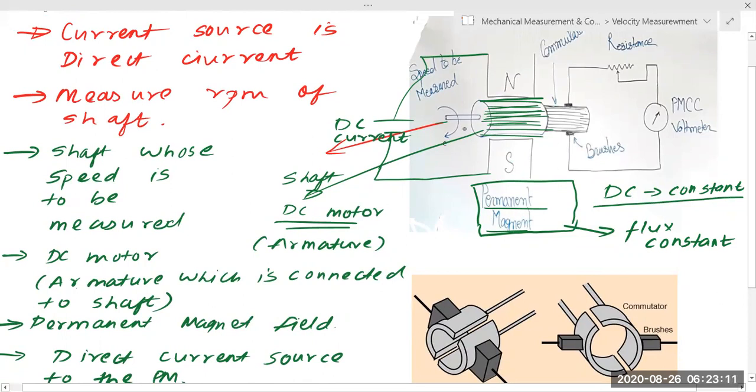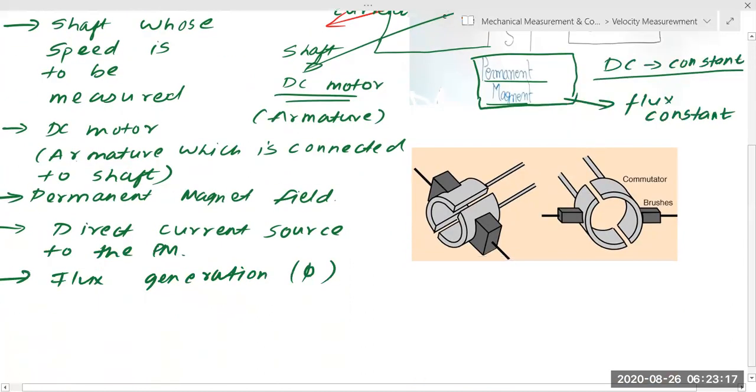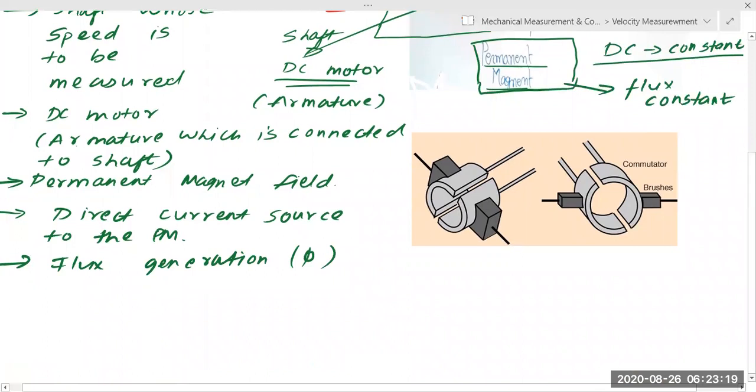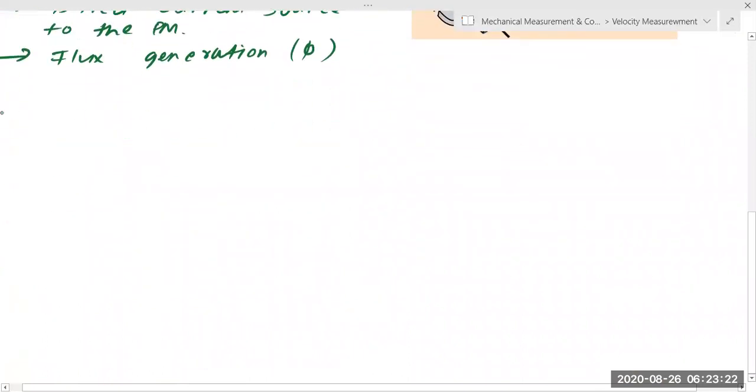Okay, now what is important? There is an armature which is connected to the shaft, if you can see. So when the armature is connected to the shaft, what will happen? I'm just explaining you the working also now. I'll explain working and construction together.